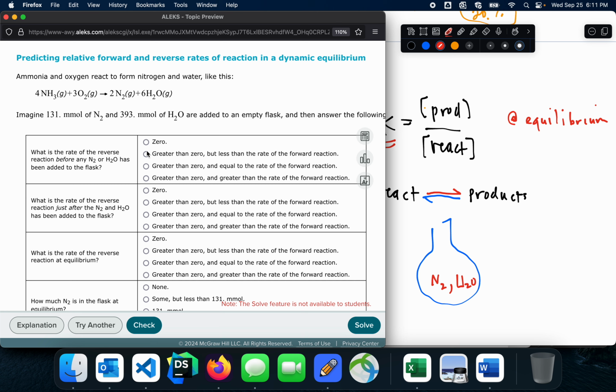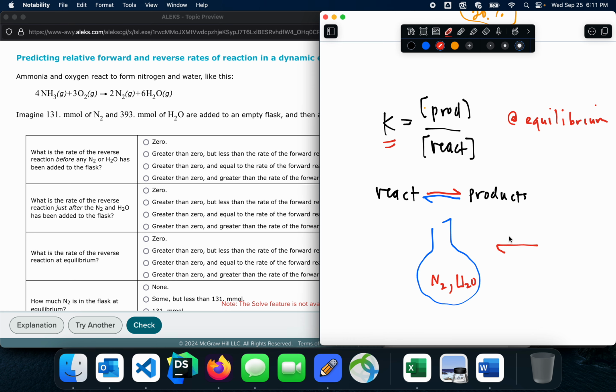That means we're only going to be getting the backward reaction right now, because we had 0 of the beginning stuff, and we had N2 and water. You can't take 0 and make N2, right?